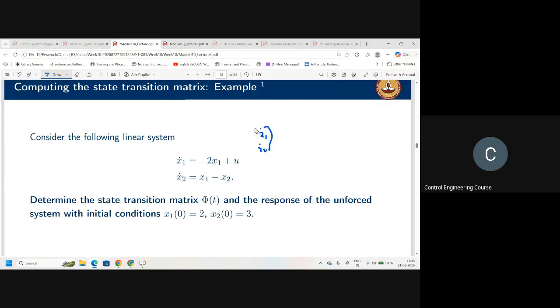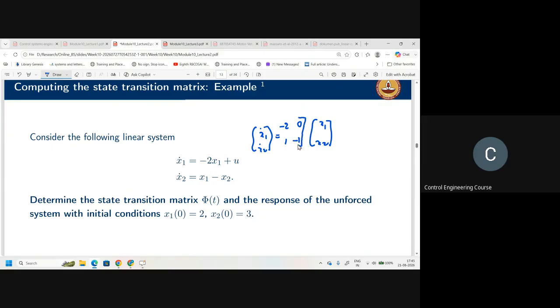So x1 dot equal to minus 2 x1, that means here it is minus 2 for x1 and 0 for x2. Then x2 dot equal to x1 minus x2, so here it is 1 and minus 1.